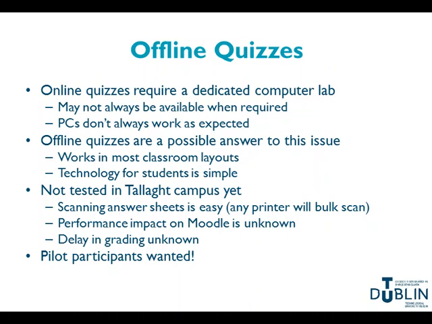So there's a new possibility, which is to run an offline quiz where Moodle creates the quiz and generates a set of PDF files that you can hand out to students with the questions and an answer sheet. The students do the questions on paper, but instead of you grading them manually, you can scan them in using a printer or scanner facility and upload them to Moodle, and then Moodle will grade them using OCR.